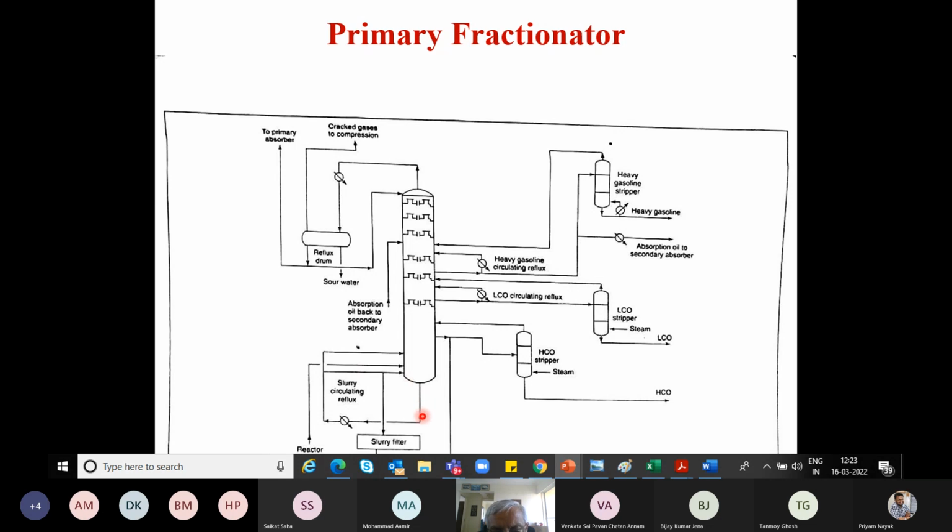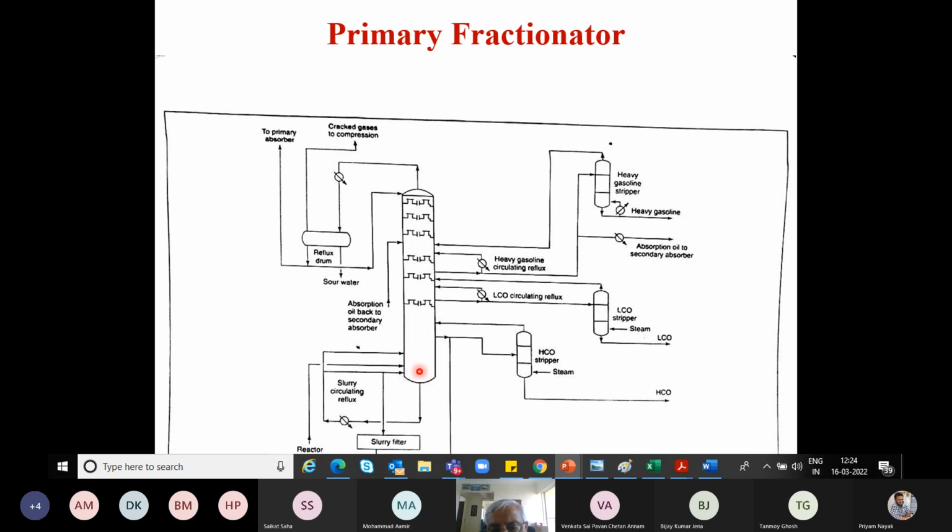This slurry oil contains some catalyst fines, but there is a large amount of circulation. What happens here? The reactor product gases, which are vapor, are quenched, and the condensation that we do is basically of the CSO, that is the unconverted material.